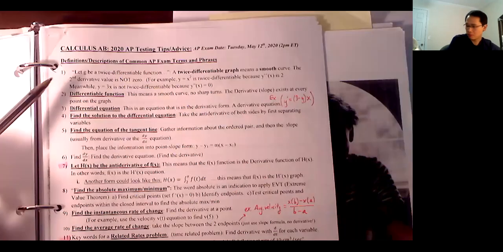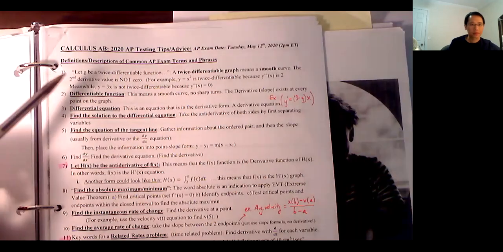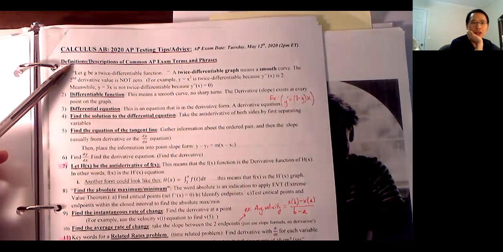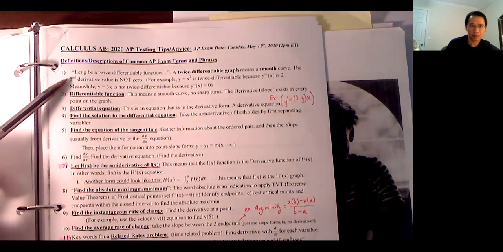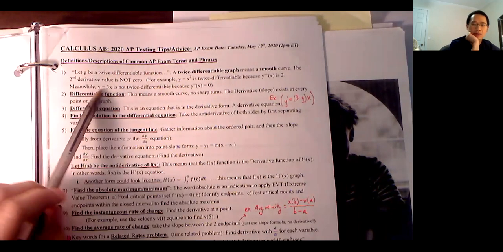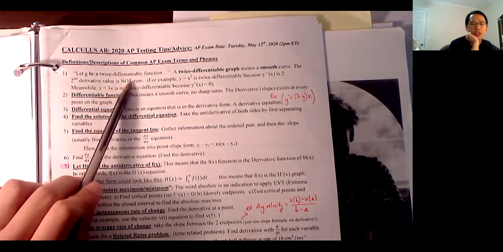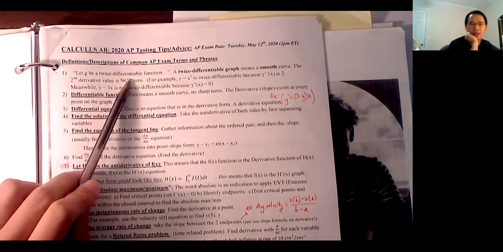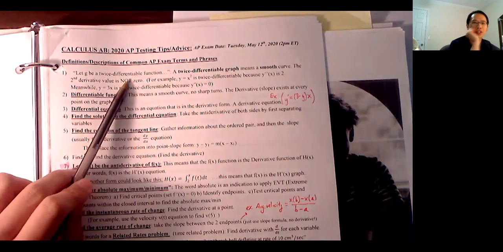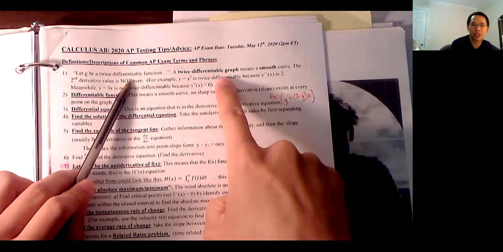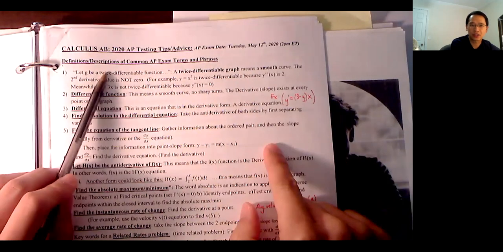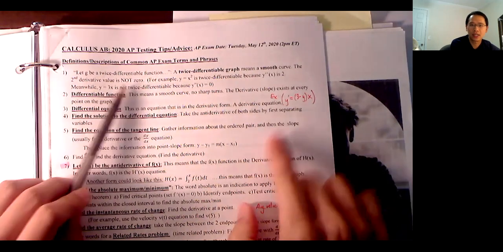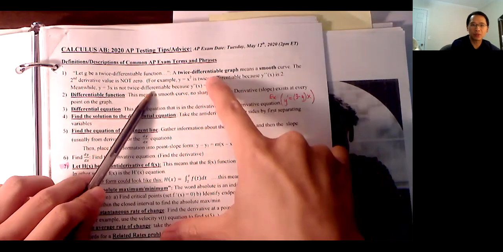Okay, so first thing here is I want to go through some definitions and descriptions of common AP terms and advice. Whenever you see a function is twice differentiable, which shows up a lot at the beginning of FRQs, just understand that all it is trying to tell you is that it's a smooth curve, that it's not going to have anything strange like sharp turns. So you really don't have to do anything with this statement.